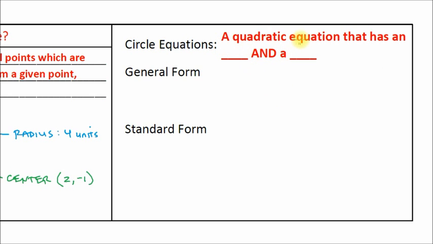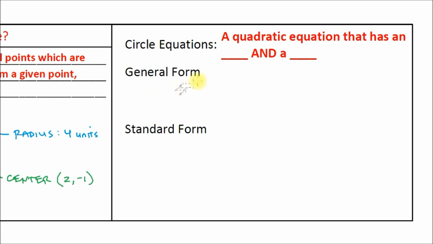And remember, last semester, all of our quadratic equations, which were parabolas, only had an x squared. The y value was not squared, but in circles, we have an x squared and a y squared.